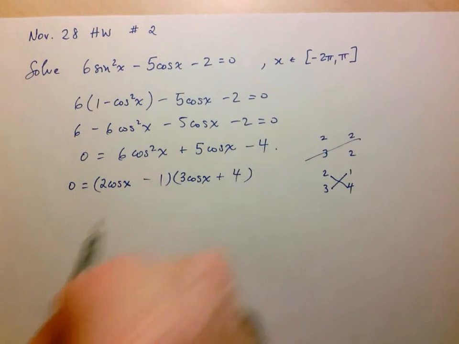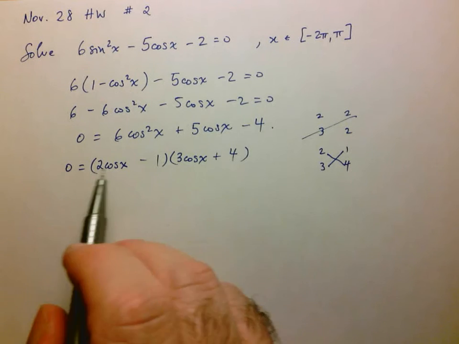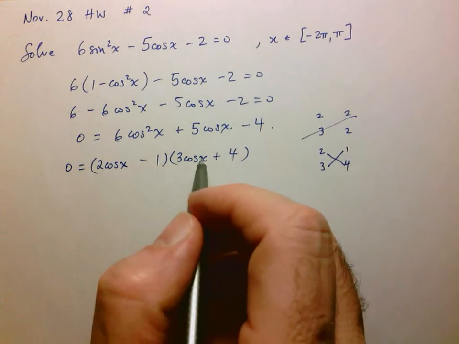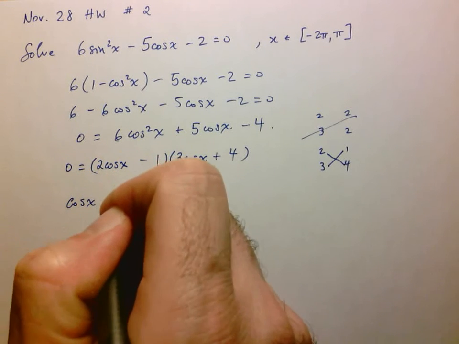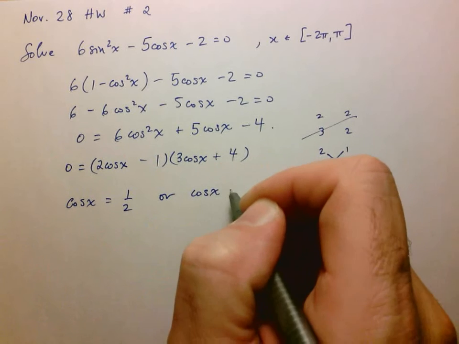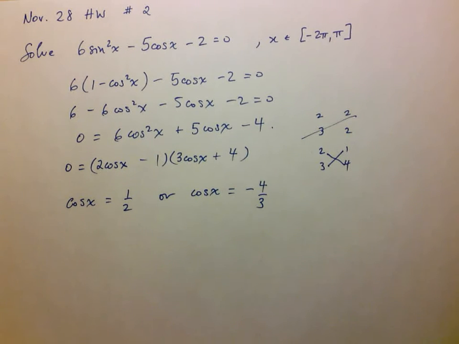So plus 8 minus 3, and there we go. Okay, so now we have things in factored form, which is what we want. So now we can say that either one of these can be equal to 0. So that means that cos x must either be equal to 1/2, or cos x must be equal to negative 4 over 3 when I solve that out.